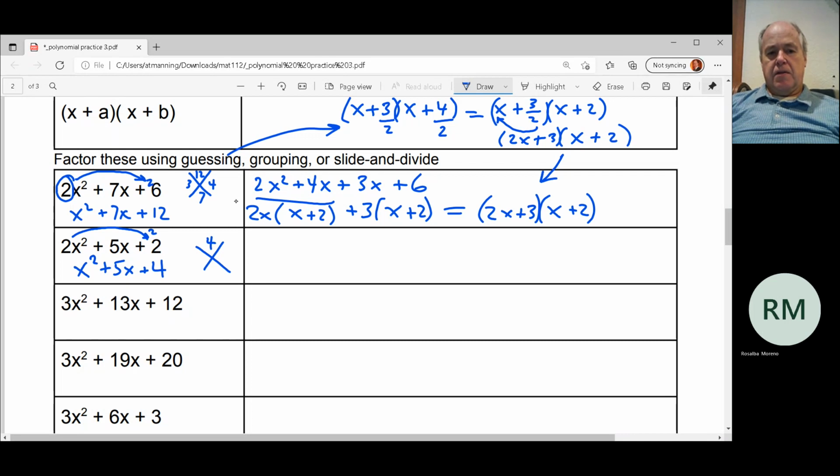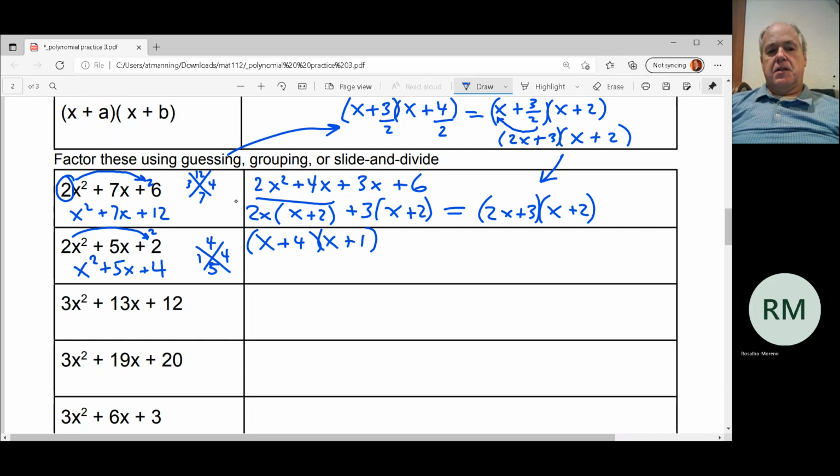When added together, give us 5. Well, that would be 1 and 4. 1 times 4 gives 4. 1 plus 4 gives me 5. So I can get x plus 4 times x plus 1.